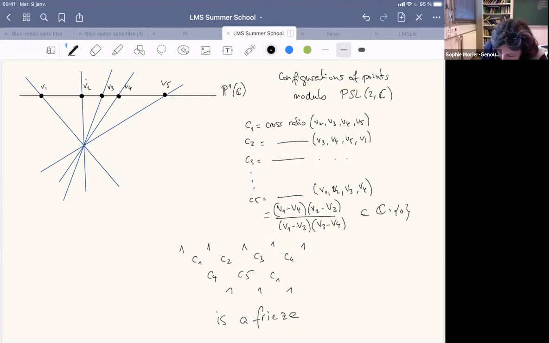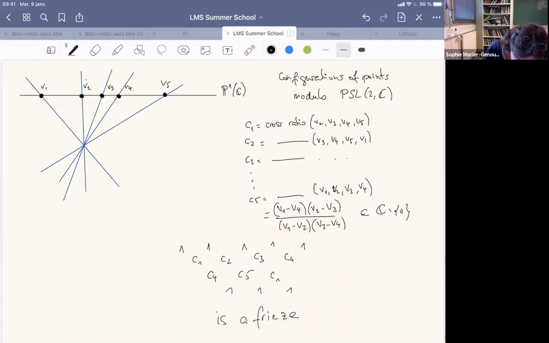So the idea of Coxeter was to understand if this periodicity that can be understood here is true for bigger arrays, or in other words, can we understand more relations between the cross ratios when we have more cross ratios?